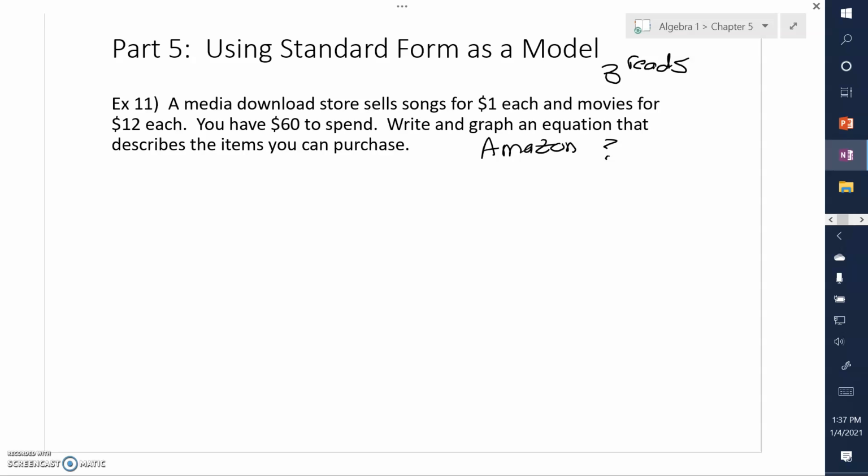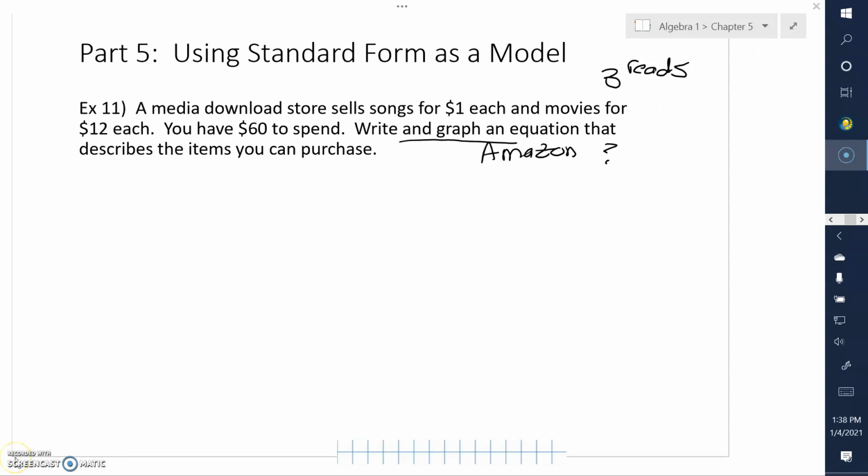What does it want us to do? We need to write and graph an equation that's going to describe this purpose. So writing and graphing. And now our third read is the information we're looking for. I have a media download store that sells songs for $1. So I'm going to write that, and movies for $12, and I have $60 to spend.